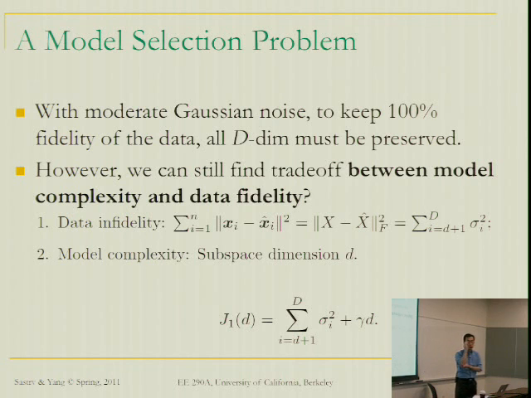So let me show you two extreme examples. For example, if I choose my model dimension small d equal to 0, so what does that mean? I choose a subspace of dimension d equal to 0 to model my data, which means I treat all the samples as an instance of the origin plus the error.